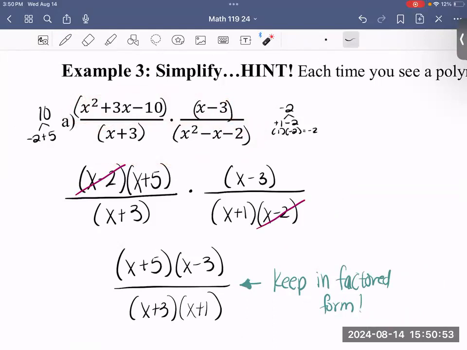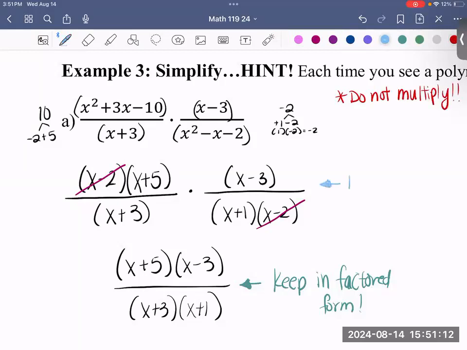Start with factoring, see if they cancel, and keep it in the factored form. Okay? Do not multiply. All we did, we chose to factor and simplify.